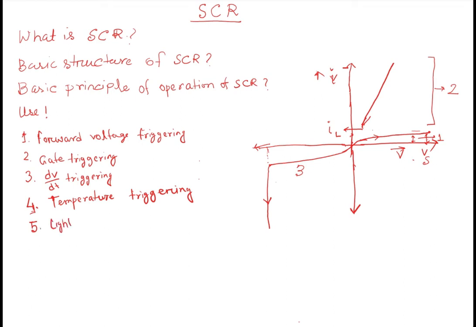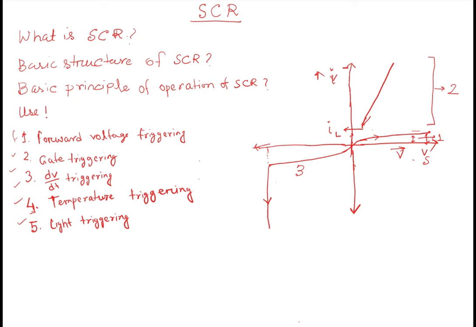Fifth is light triggering. So these are the 5 methods that can be used. One of the 5 methods can be used to turn on one SCR.